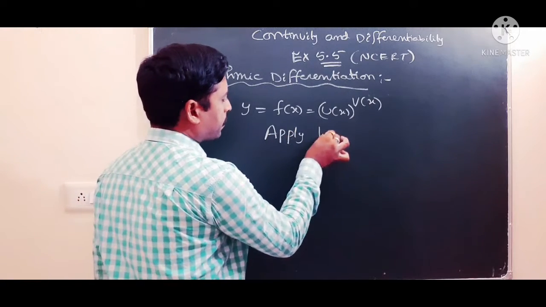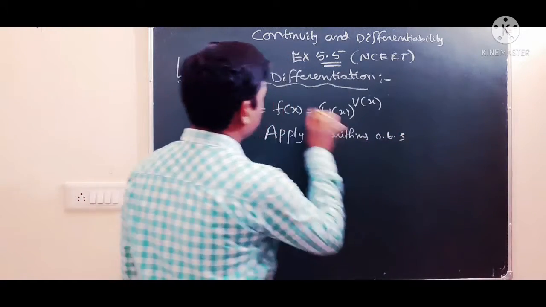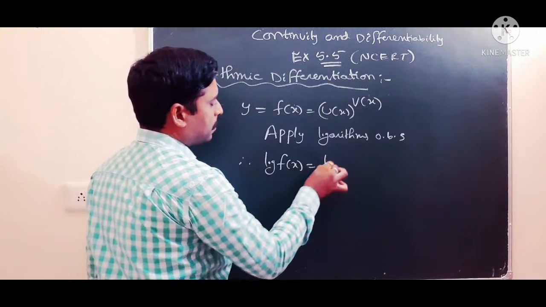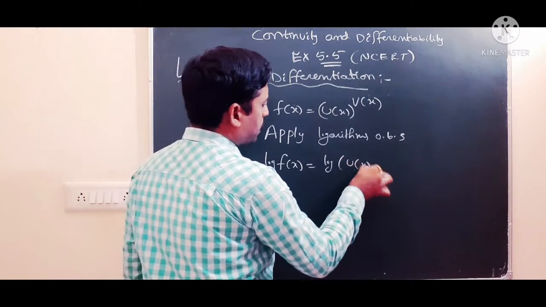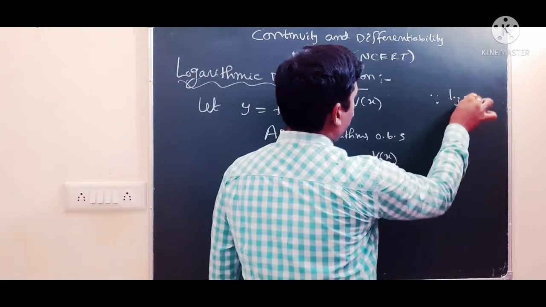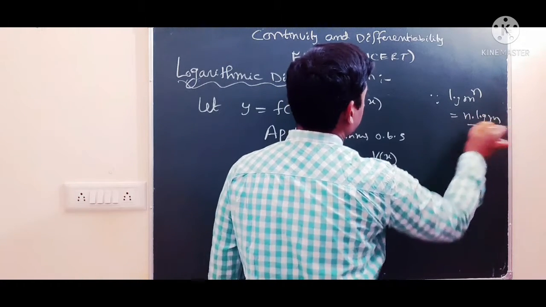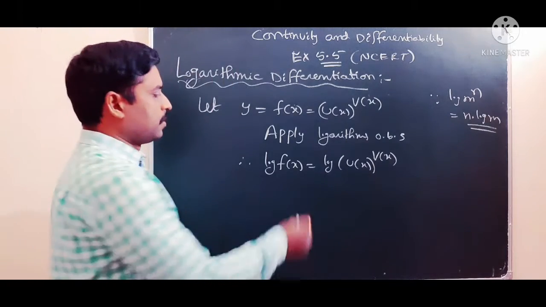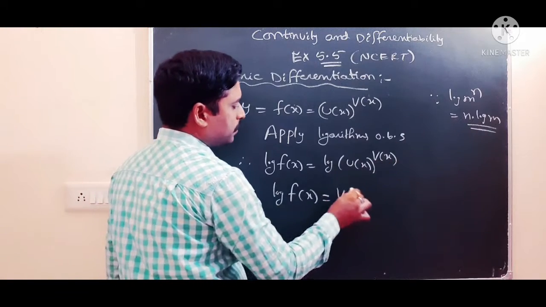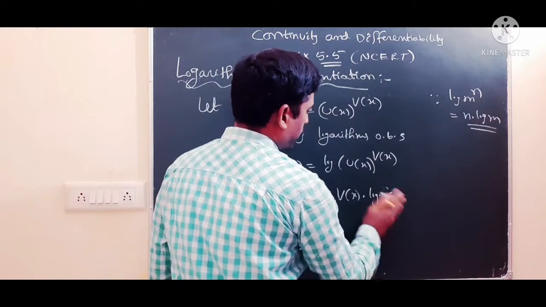Applying logarithms on both sides, log f of x equals log of u of x power v of x. We have one logarithm property, log m to the power n is equal to n into log m. So log f of x is equal to v of x into log u of x.